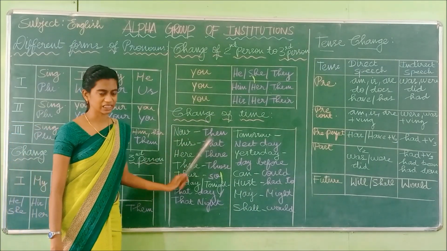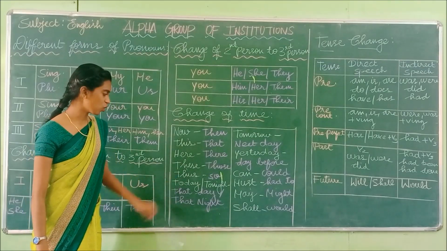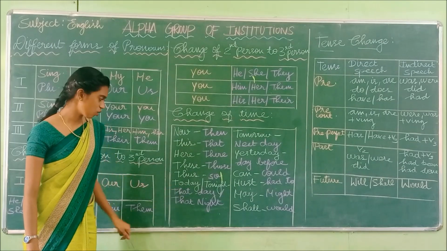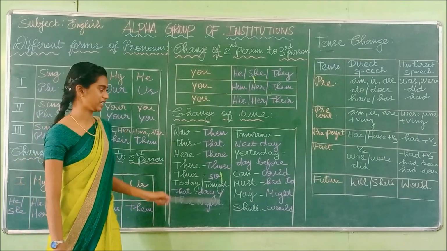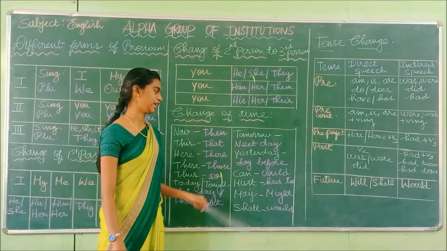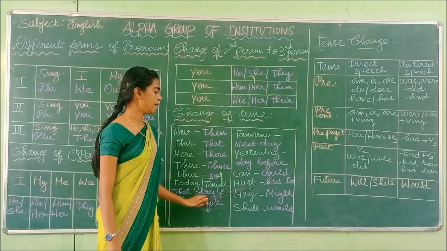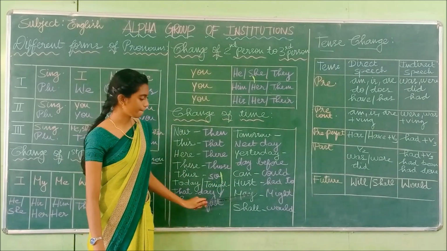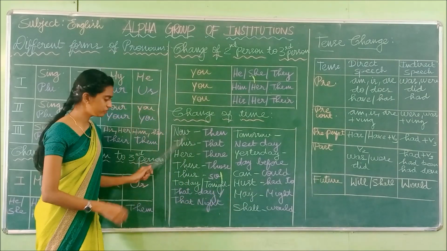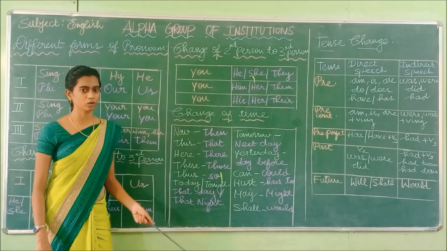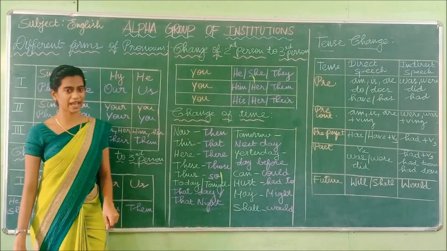This, that; here, there; these, those; thus, so; today or tonight, that day or that night; tomorrow, the next day; yesterday, the day before; can, could; must, had to; may, might; shall, would. If these words come, we have to change them into these forms in indirect speech.